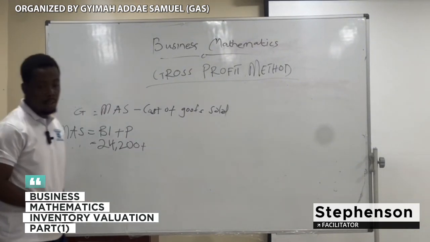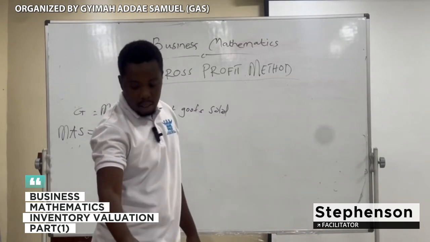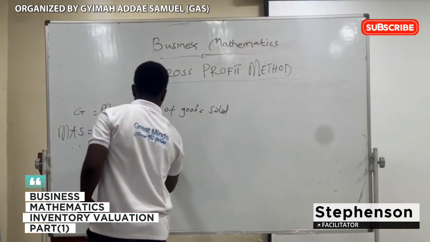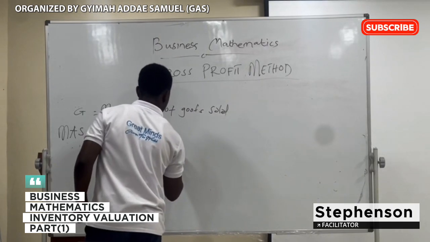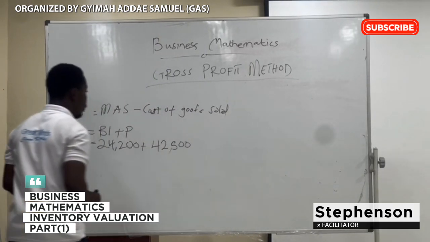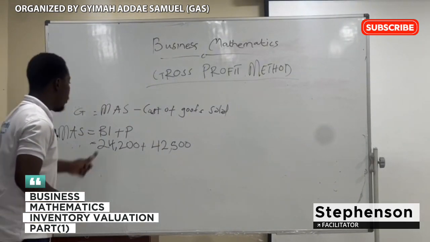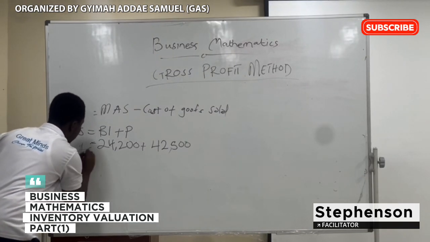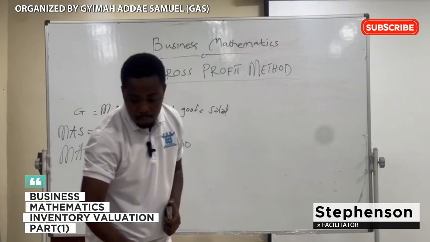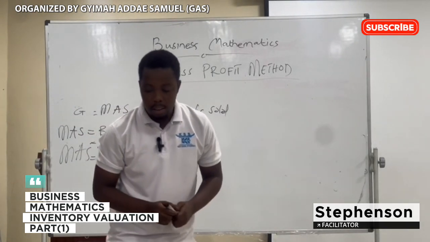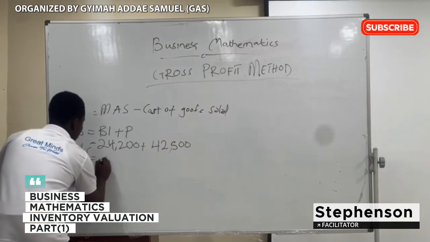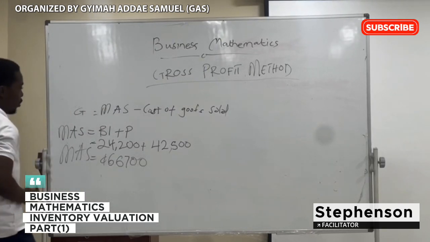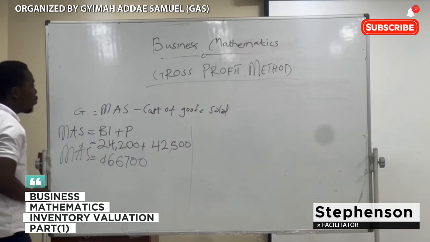Our purchases are 42,500. When you add them, we get our merchandise available for sale to be 66,700. All right, let's find our cost of goods sold.